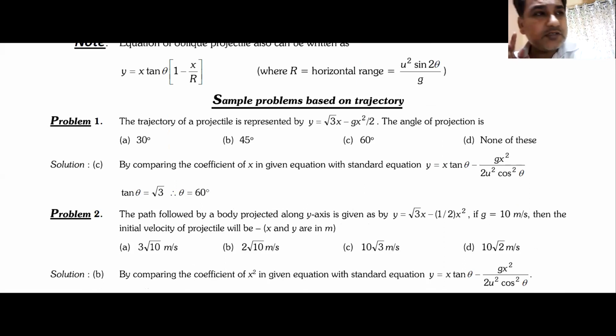And this is problem number 1. This problem has come in NEET 2017, not exactly this, the values were different. The trajectory of a particle is represented by y is equal to root 3 times x minus g x squared by 2.